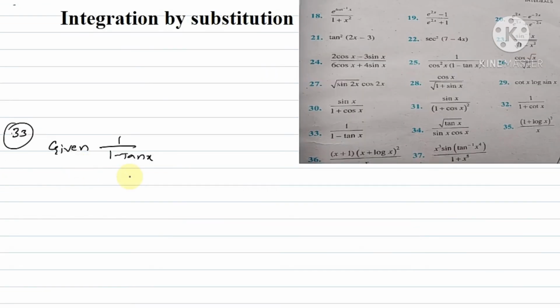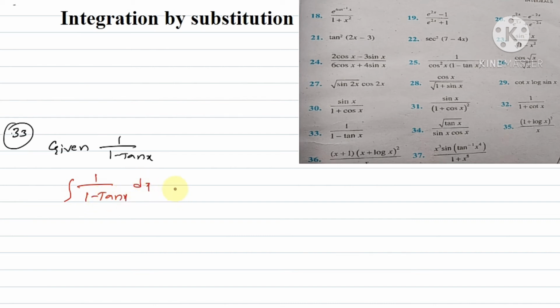So yeah, the next question, question 33, I am doing. So we have to do the solution, that is integration of 1 by 1 minus tan x into dx.